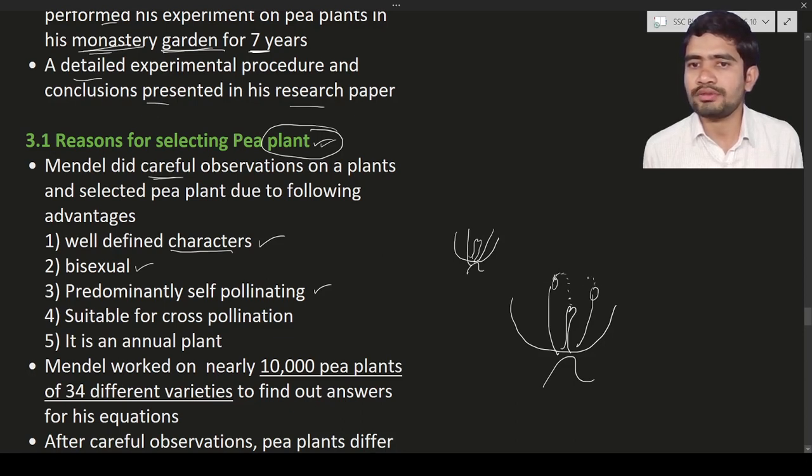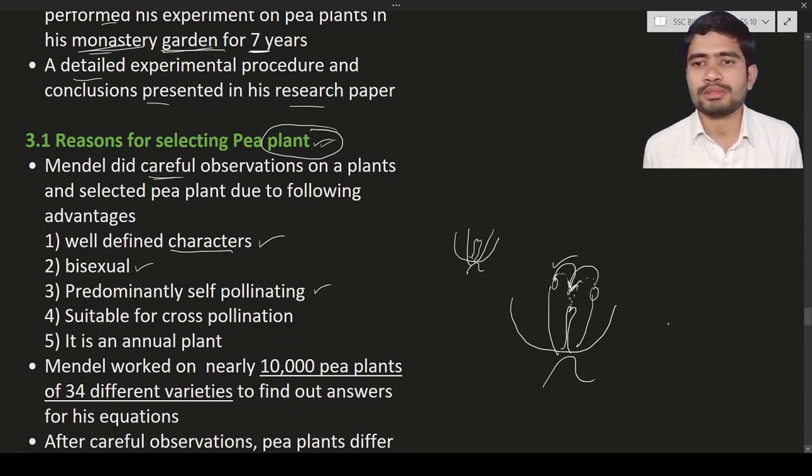The pollen grains first fall on the stigma. This is the anther, this is the stigma. So first of all the flower tries to have self-pollination. Self-pollination means the transfer of pollen grains from the anther to the stigma of the same flower. This is known as self-pollination.